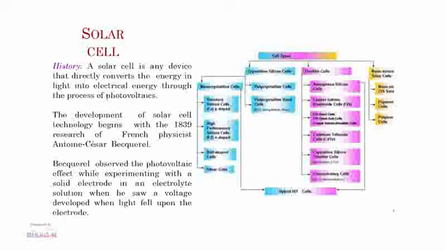The development of solar cell technology begins with the 1839 research of French physicist Antoine Cesar Becquerel. Becquerel observed the photovoltaic effect while experimenting with a solid electrode in an electrolytic solution, when he saw a voltage develop when light fell upon the electrodes.